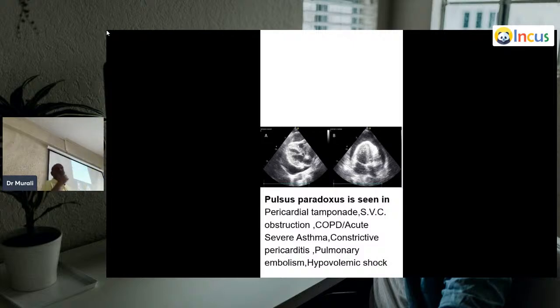So SVC obstruction, COPD, constrictive pericarditis, similarly pulmonary embolism, hypovolemic shock, pericardial tamponade. So both pericardial tamponade and also constrictive pericarditis, we see the pulsus paradoxus is what you need to remember. So 5 causes. Close the eyes and remember 5 causes.